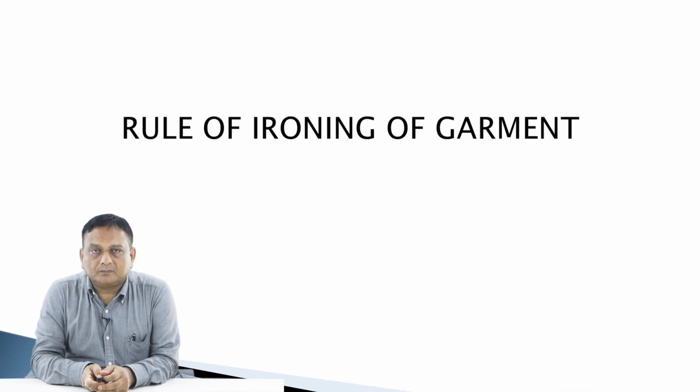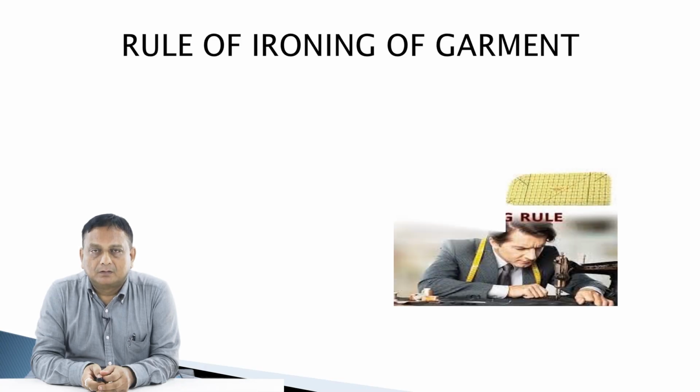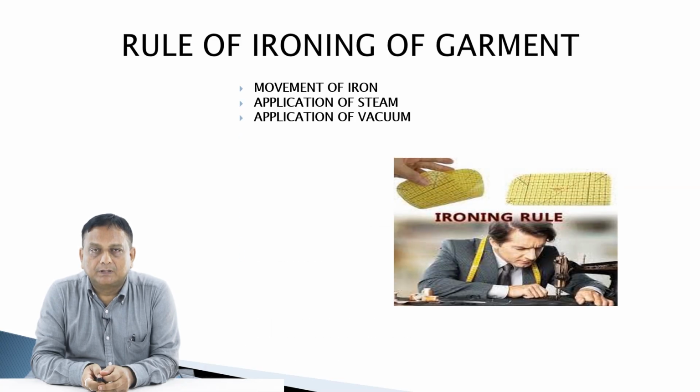Now, the rule of ironing is very important: how we will iron the garment. The basic rule is the movement of the iron, how the iron will move on the garment, then the application of steam or the application of vacuum. Those three aspects are important in ironing of garments.